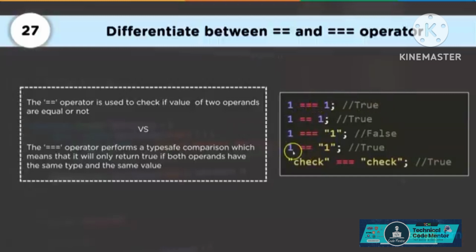Now let us check this equals to, since they both are 1, in PHP it will display true since they are equal, while when you are type checking, that is, checking if they're equal with the same type and same value, it will display false since one is an integer and the other one is a string value. Also, if you check two identical strings with the type safe operator, it will display true.